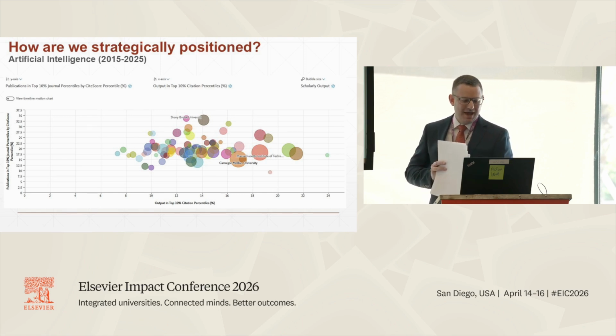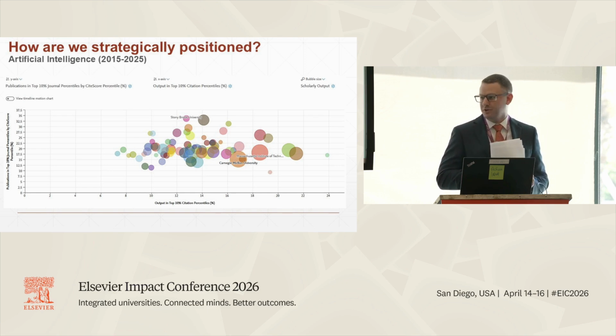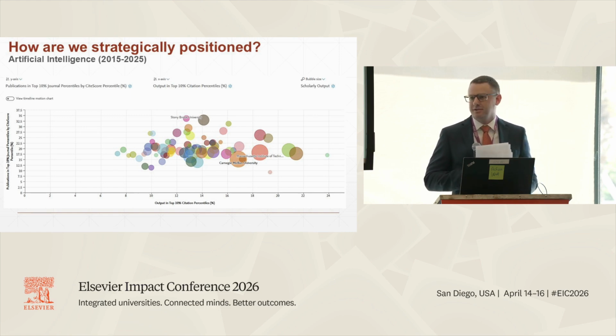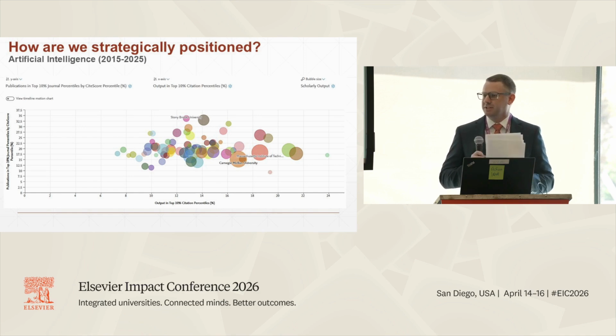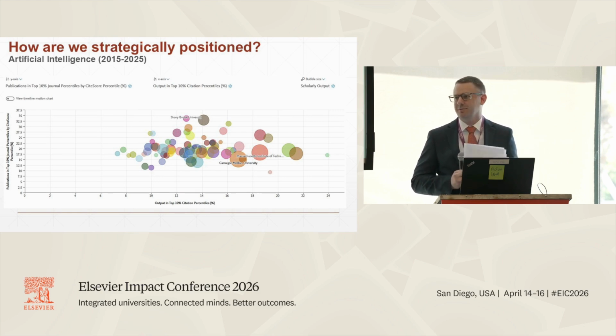But if you add in that bubble size, CMU and MIT are very different in terms of their volume of output. So we're a much smaller university than MIT, but strategically in impact and the impact measures, we're very similar to them, even though they're a much larger university. They're doing more research than us, but we're very competitive with them in terms of the volume and quality.